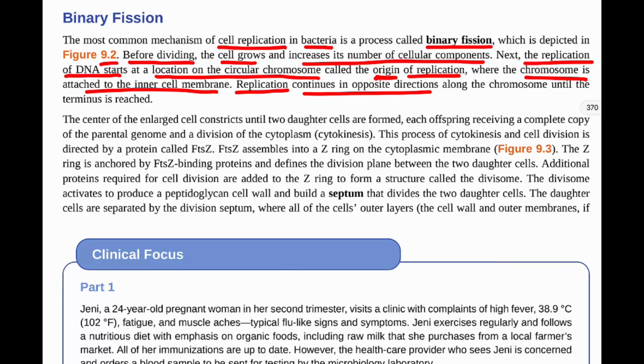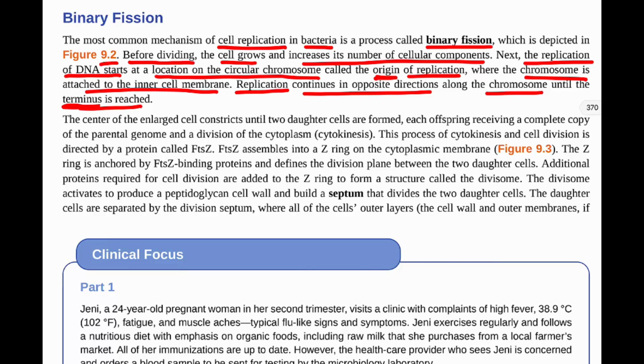It's going to go both directions, opposite directions along the chromosome, until the terminus is reached. So until we get around and reach the terminus, which is terminating the replication. And then we have a whole separate but same chromosome. Now we have two chromosomes that are the same within this single cell, which isn't a large cell. It has multiple copies of all of its components.